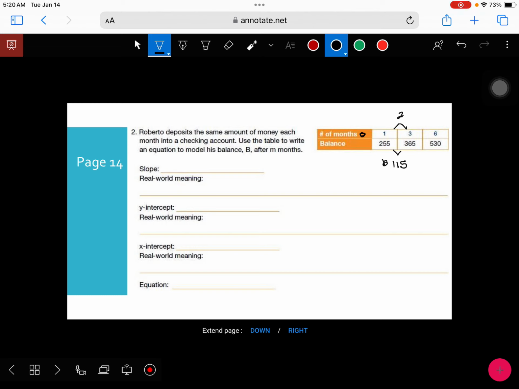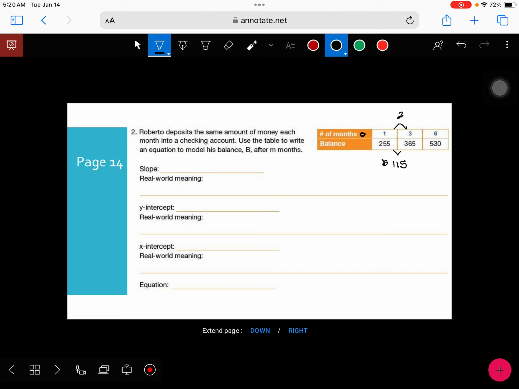I've got my phone here handy. So 115 divided by 2 is 57.50. Remember, we're talking about money, so we have to make it 50 cents.